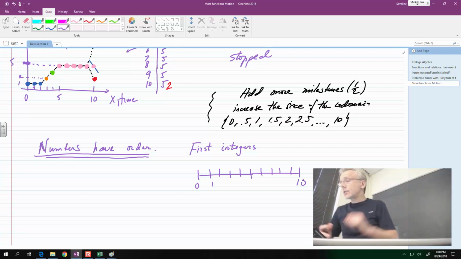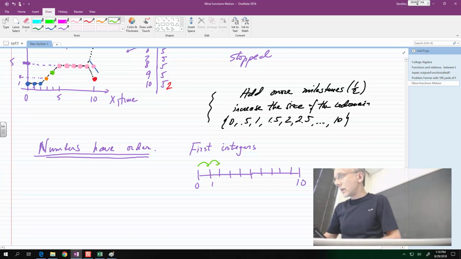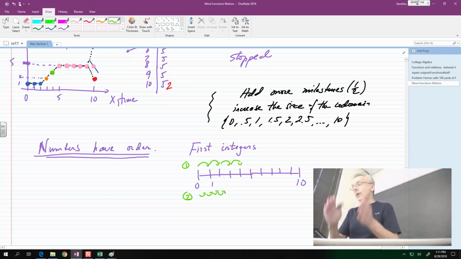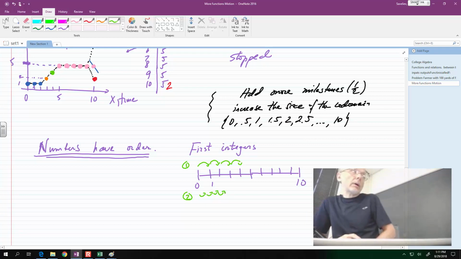Initially, the picture that I showed you last time was your motion at 1 mile at a time. But then, number two, you might be moving half a mile at a time, and then your function, from time to space, does not give you intermediate values. There is no half mile on your list of possible locations.